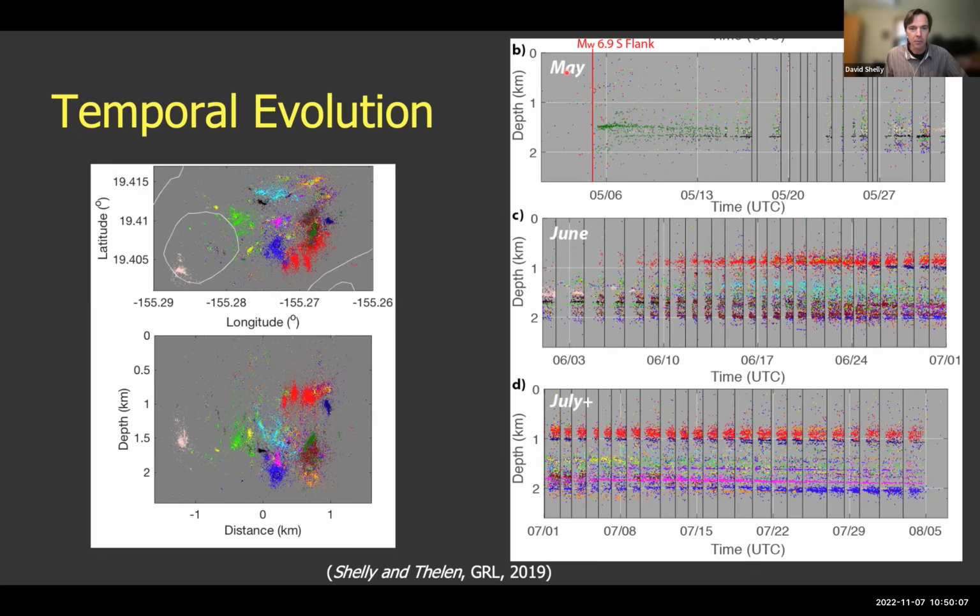This is starting in May on the top through June and July into early August. So in early May, there was this magnitude 6.9 earthquake on the south flank of Kilauea. That's this red bar here. And then the subsequent black bars are a repeated sequence of magnitude 5+ essentially collapse earthquakes.